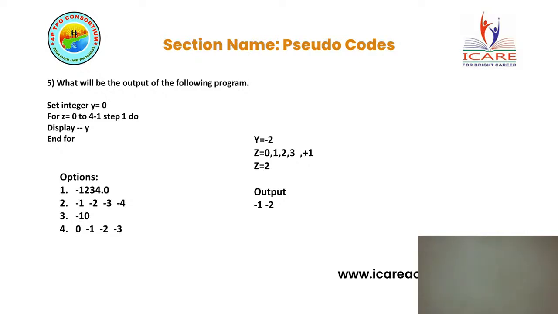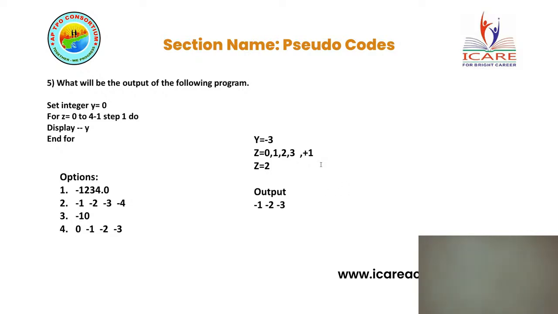So we have the z value within 0 to 3, so we can enter into the loop. So display minus minus y means minus 3. We are getting the value y as minus 3, and whenever we display the value y, it is minus 3.